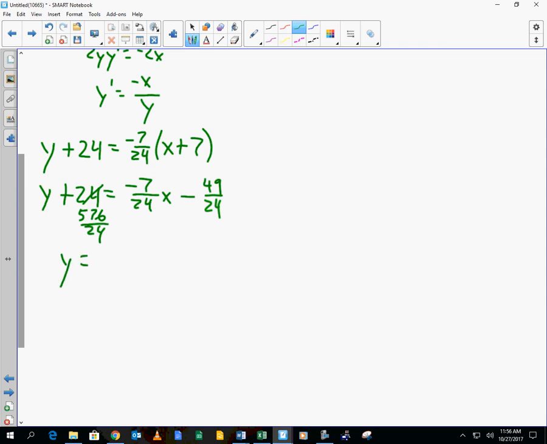So y equals negative 7 over 24 x, and I subtract that over: negative 49 minus 576, negative 625 over 24. That's our equation for a line tangent.